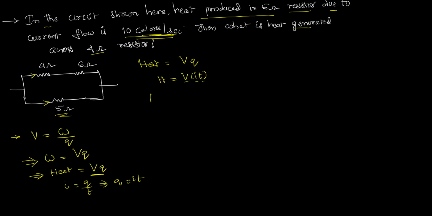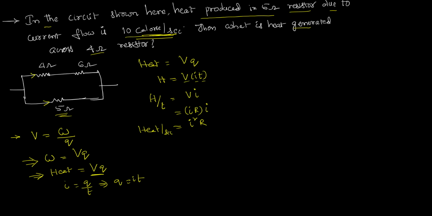So heat generated per unit time is VI. Of course, as V is not given to you, but resistance is given, I can use Ohm's law, V equals IR. So heat generated per second is I square R.